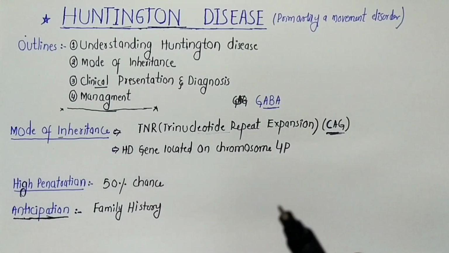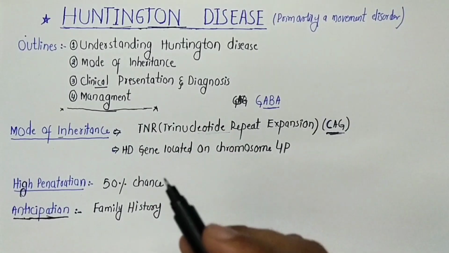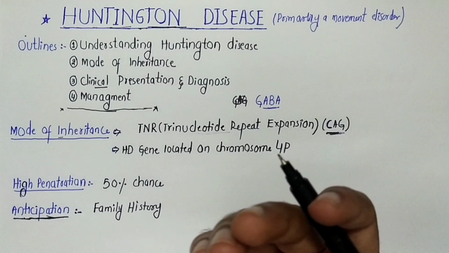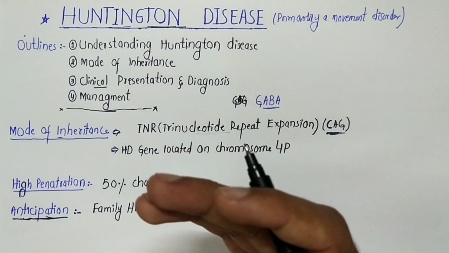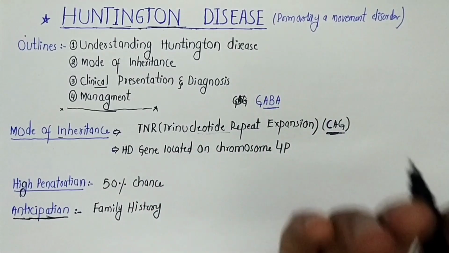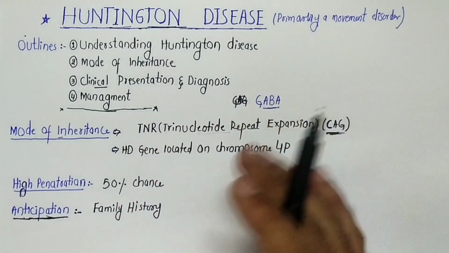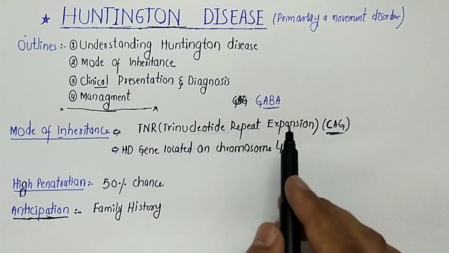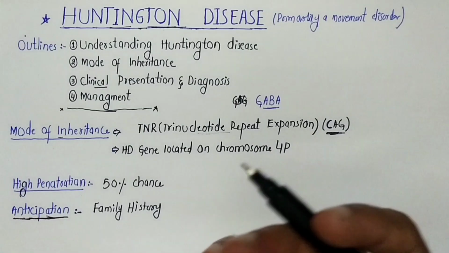For example, one of the parents got the disease in their 50s, and one of the children of the same parents got the same disease in their 40s. This is called anticipation. It is actually due to further expansion of the trinucleotide repeats, so successive generations tend to have the disease at an earlier age.